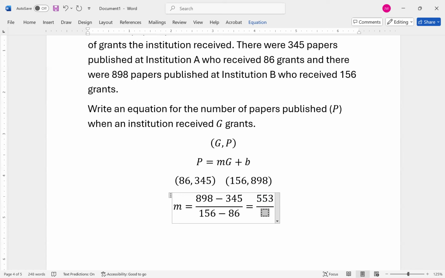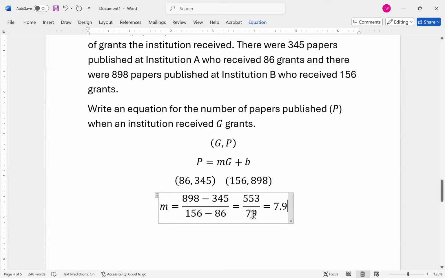And 156 minus 86 gives you 70. I'm going to use the decimals. Sometimes if I don't get a nice decimal, I'll use the fraction. But in this case, I got a nice decimal that stopped, so I'll just use the decimal. When I divide 553 by 70, I get 7.9.